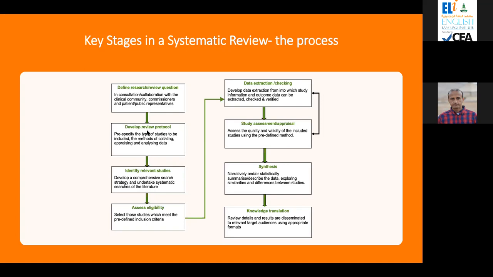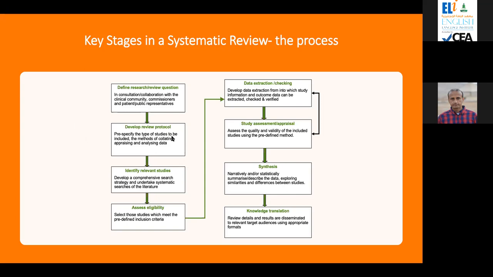Now this is what we will discuss later. What is a review protocol? Here we basically decide the time period of the studies, like we want to conduct a review from the year 2000 to 2020. This can be one of the criteria in the protocol.